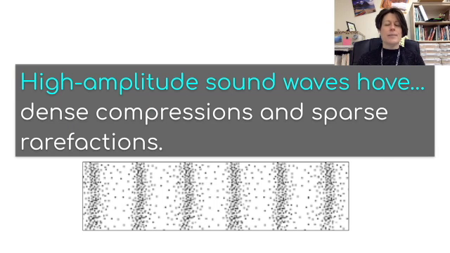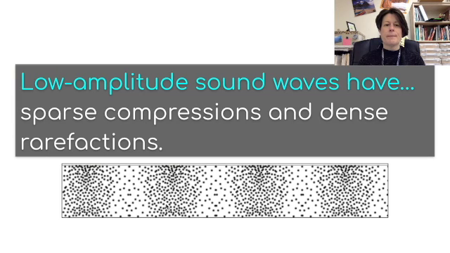Now, let's talk about the amplitude of sound waves. Remember, sound waves are longitudinal waves. So we're talking about compressions, the molecules being close together and squished, and rarefactions where they're more spread out. High amplitude sound waves have dense compressions and sparse rarefactions. So this we can see is very dense compared to this.